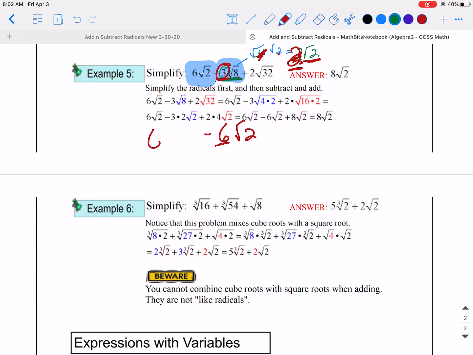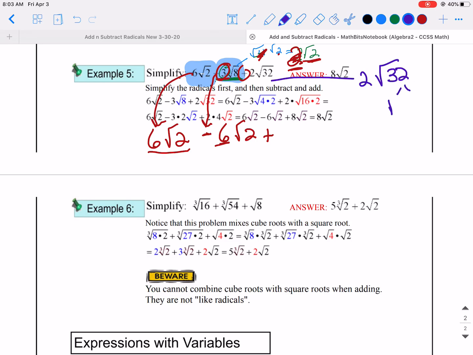So I'm going to rewrite it down here instead of looking at the example. I have 6 radical 2 minus, I just brought down the sign, 6 radical 2 plus, all right, now I need to think about that 32. I'm going to do that over here, radical 32. I've got a 2 outside.